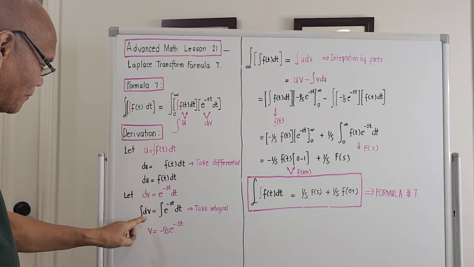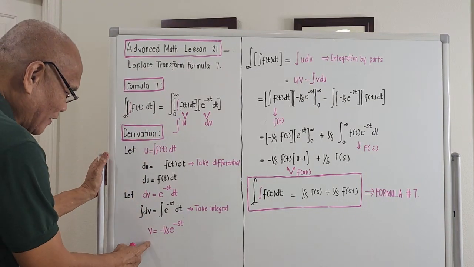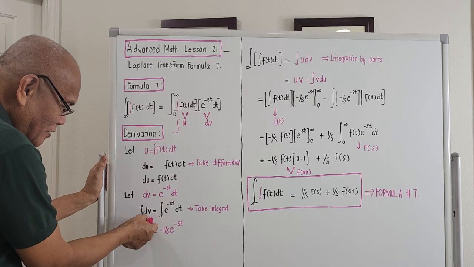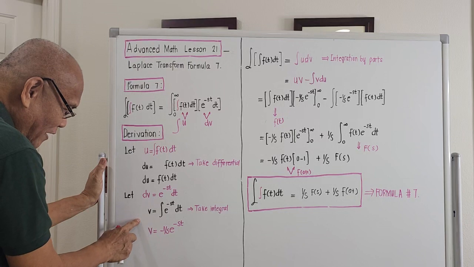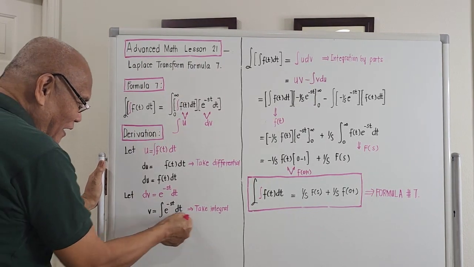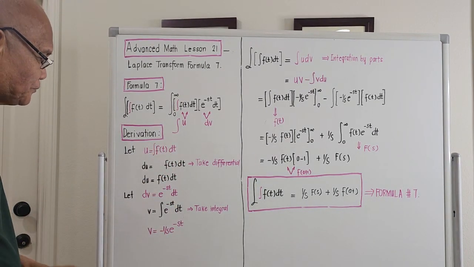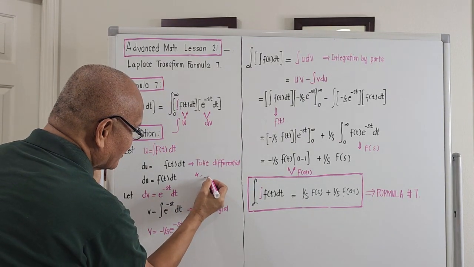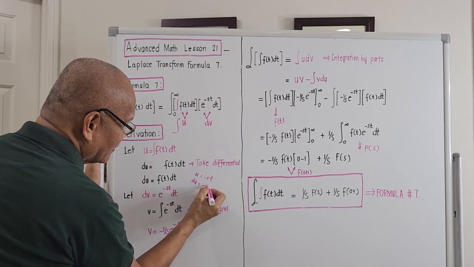The integral and differential signs cancel out each other, so the integral of dv will simply be v. The integral of the right-hand side falls under the exponential function, where the value of u will be equal to minus st, meaning the exponent, and du will be equal to negative s dt.